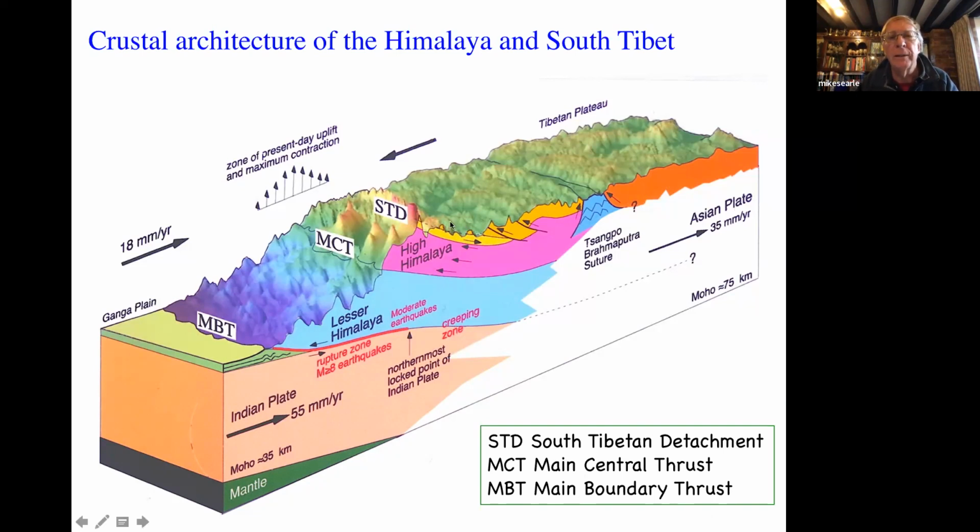And then the high-grade metamorphic rocks are these ones in this rather ghastly purple color, bounded by the Main Central Thrust along the base and this low-angle normal fault along the top. And then the Lesser Himalayas are a very low-grade sedimentary sequence, mostly Proterozoic, going back to the Paleozoic sequence of Indian plate sediments that have been hardly metamorphosed at all.